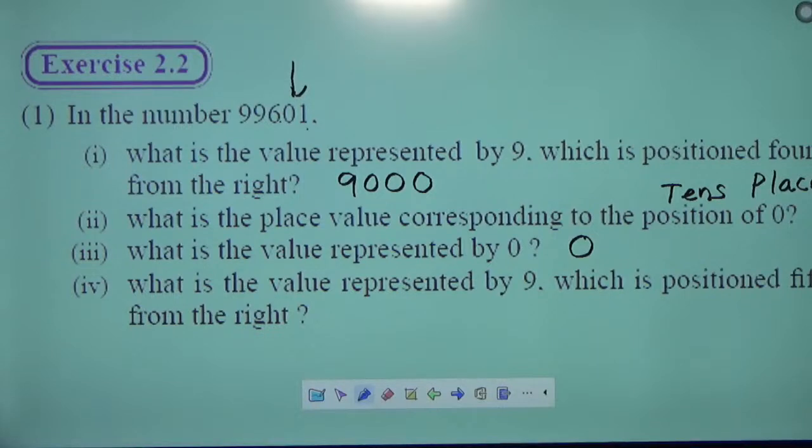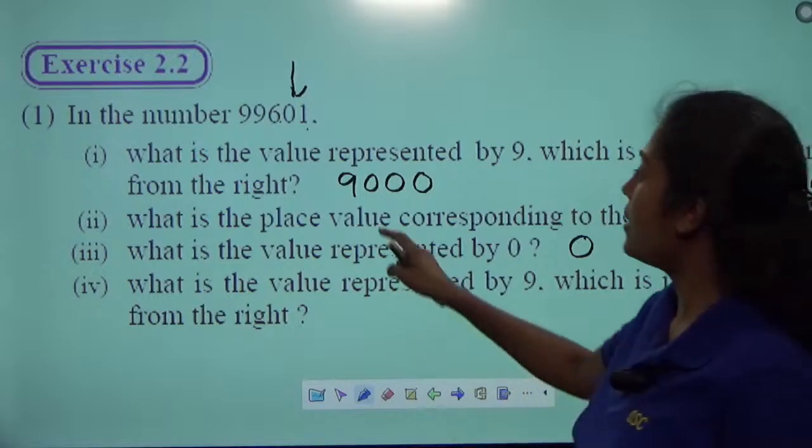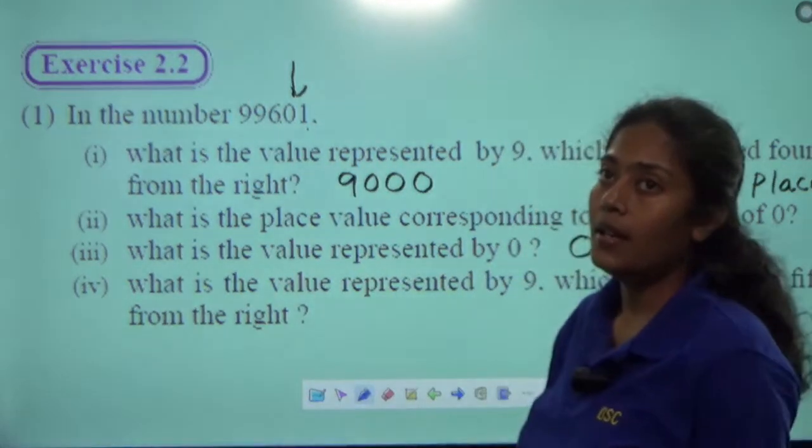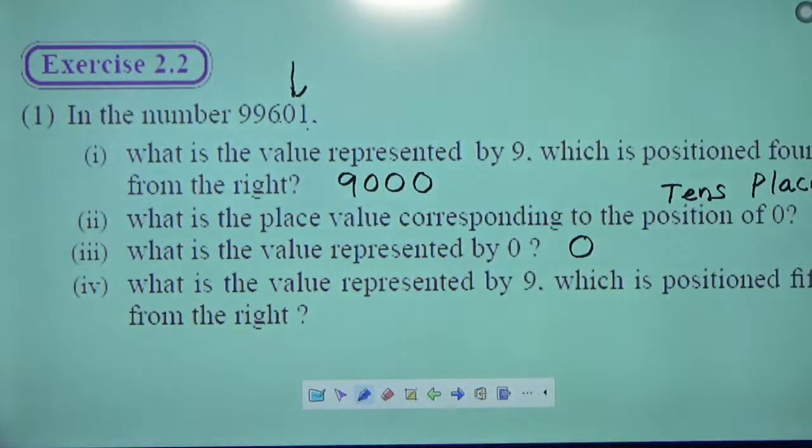What is the value represented by 9, which is position 5th from the right? Again read the question carefully. From the right, 1, 2, 3, 4, 5. Then what is the value? 90,000. That is the answer.